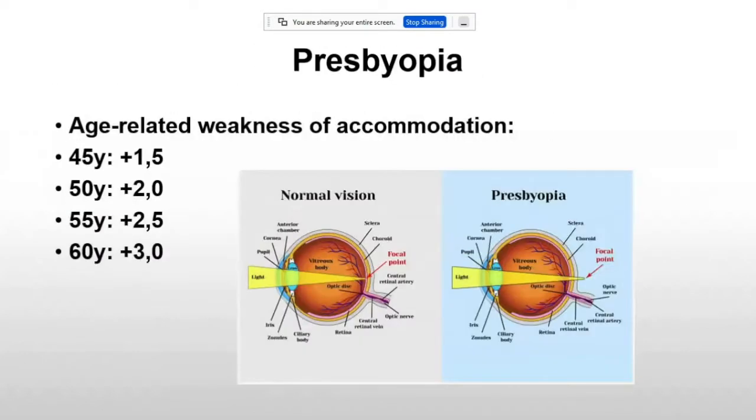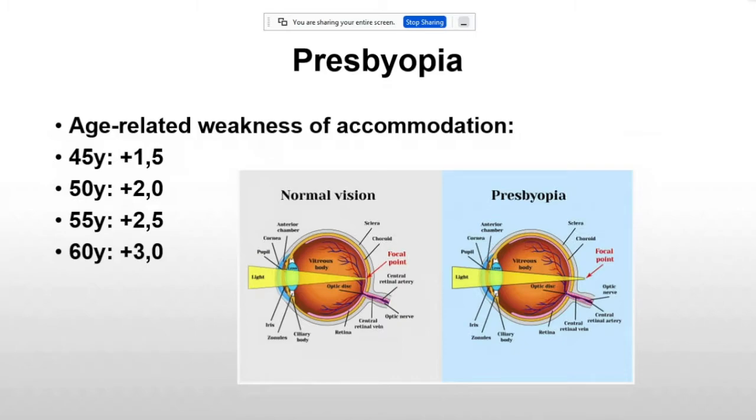So what is presbyopia? Because hyperopic eyes accommodate more than ametropic ones, this exhaustion of accommodation with aging gives this age-related weakness in every eye.